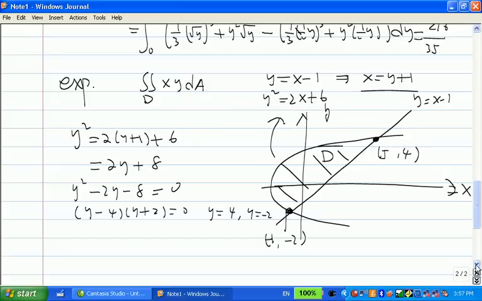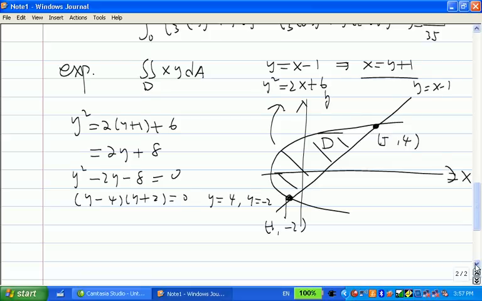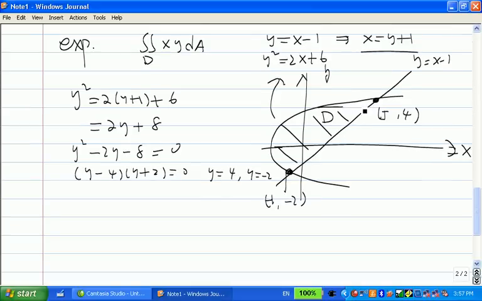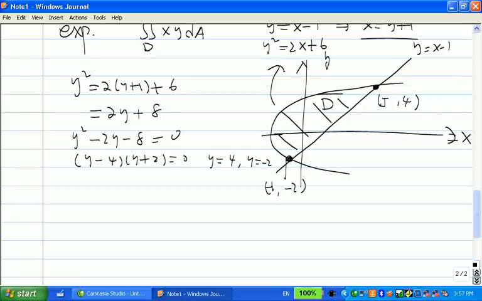Now we want to integrate this double integral over this shaded region D. Again, we can calculate this double integral in two ways. One is to project on the x-axis, which means dx goes outside, or project on the y-axis, then dy goes outside.